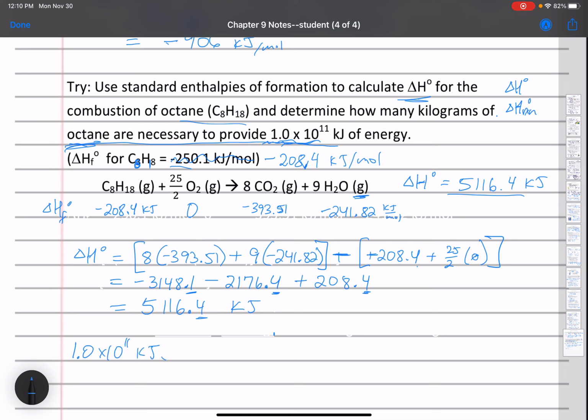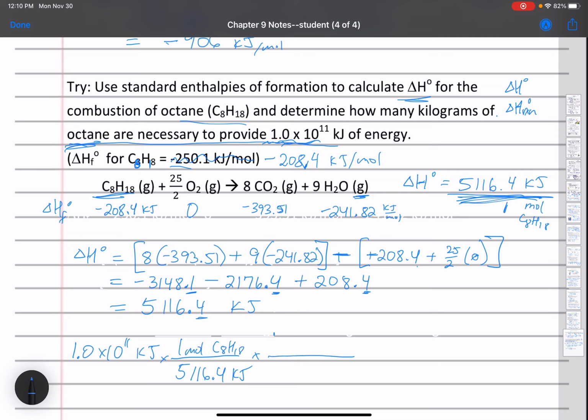Okay? And we can use this as a conversion factor because basically we're looking at octane. So we're saying that this reaction produces 5,116.4 kilojoules per 1 mole of octane.